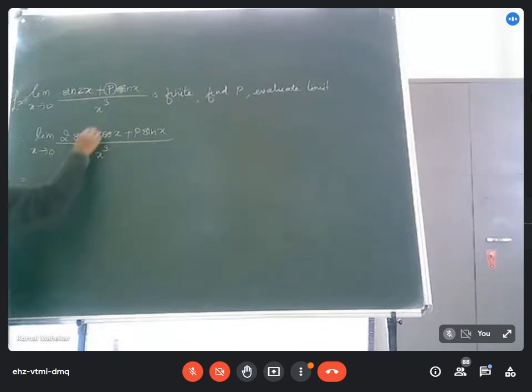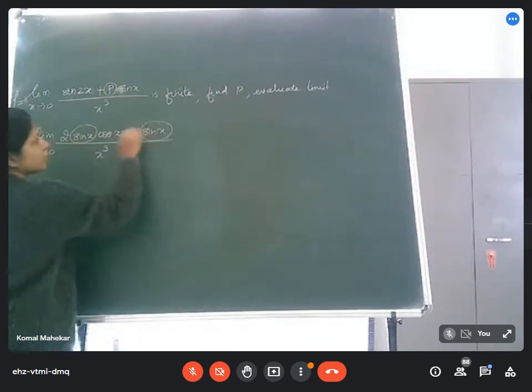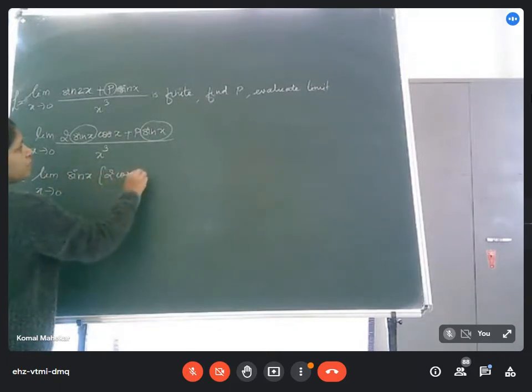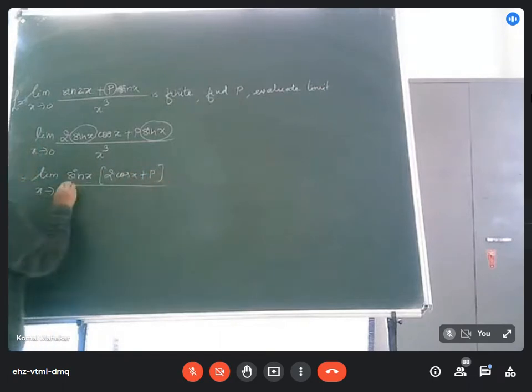Now sine x is present in numerator in both the terms, so we will take this value as common. So we take sine x common, in bracket we get 2 cos of x plus p divided by, we split this x raised to 3 as x into x square.